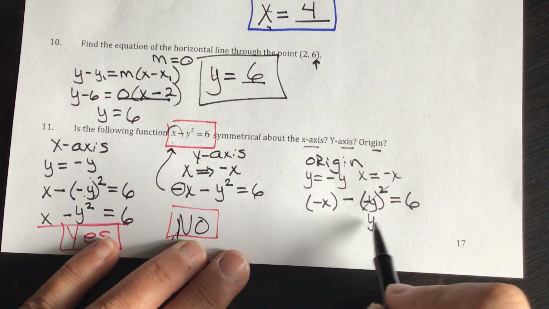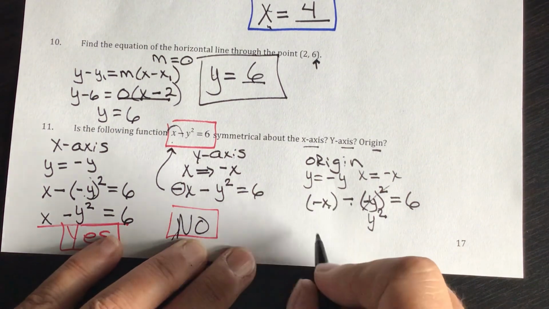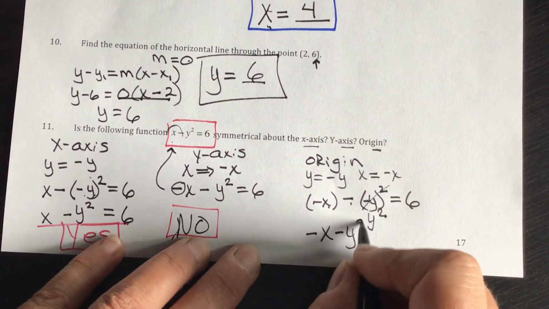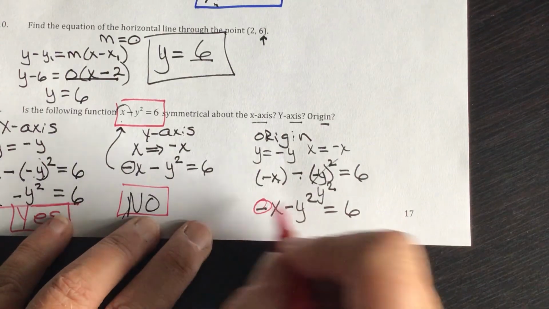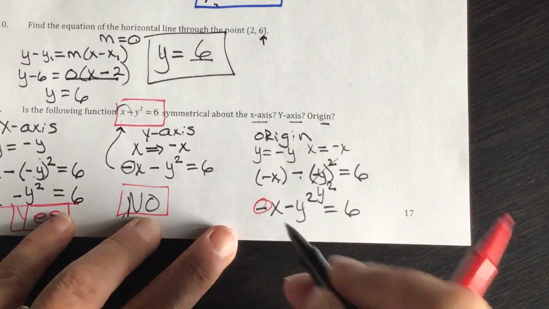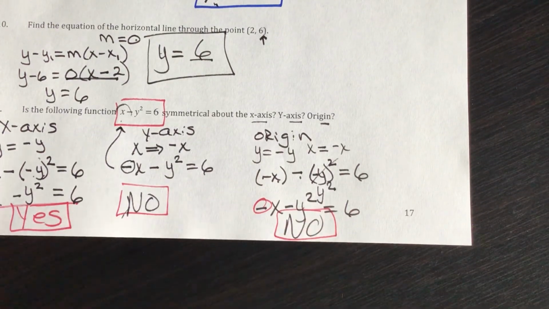This becomes y squared. So I still have negative x minus y squared, and it is not the same because of the negative, and it is not symmetrical over the origin.